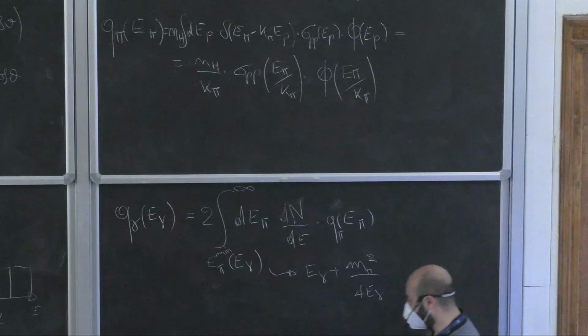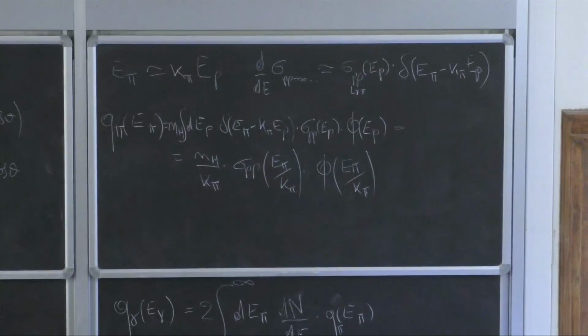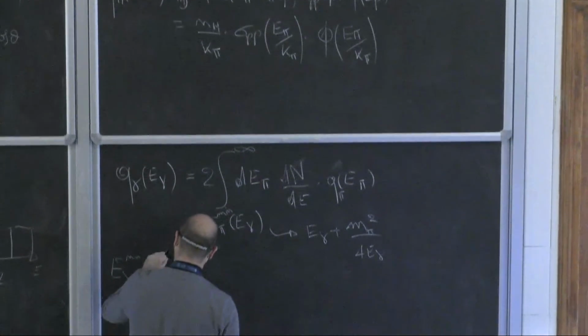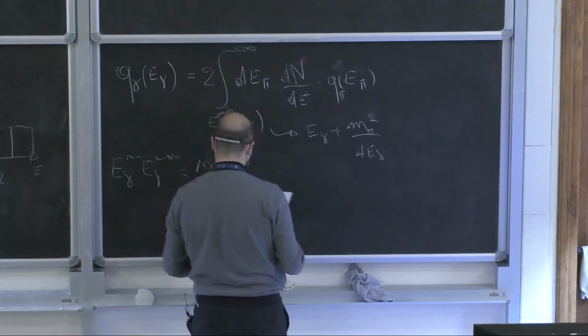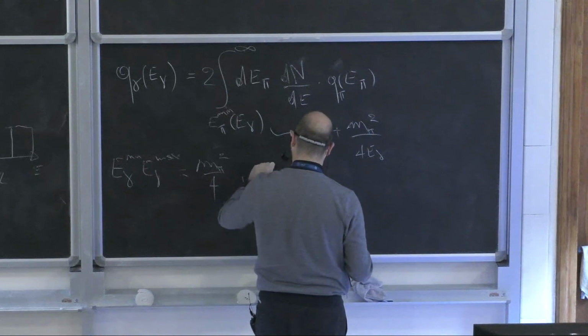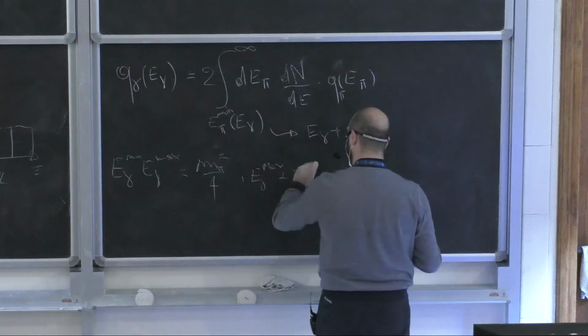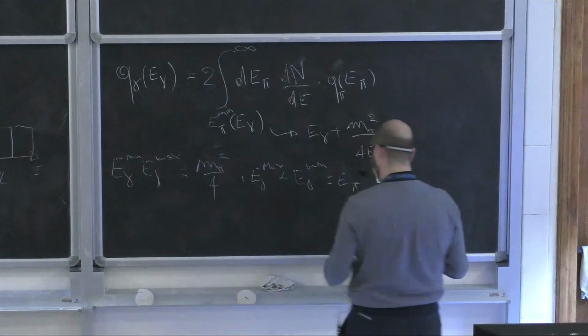And this result comes from the fact that E gamma min times E gamma max is equal to m pi squared over 4, and also that E gamma max plus E gamma min must be equal to E pion.